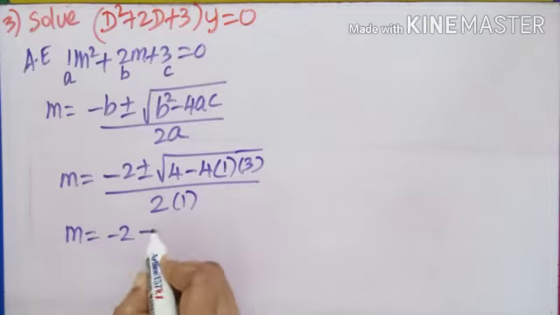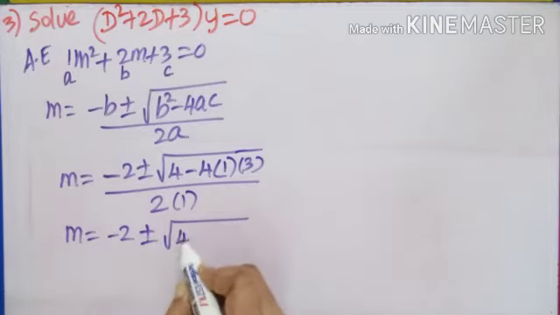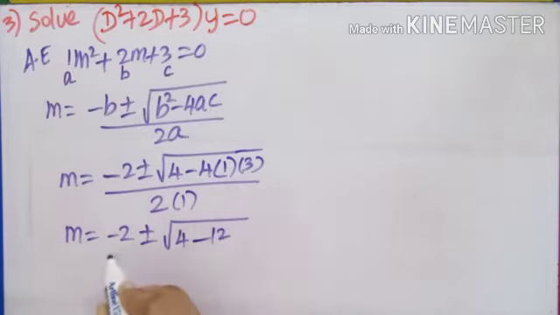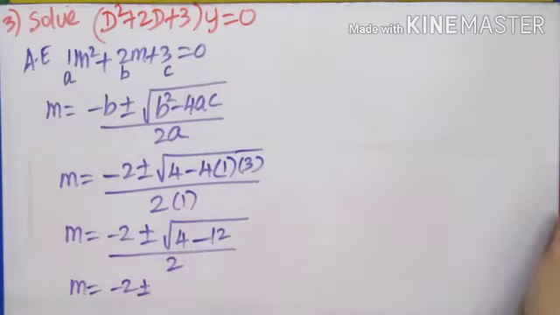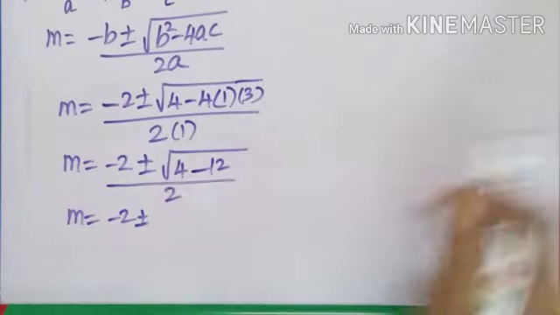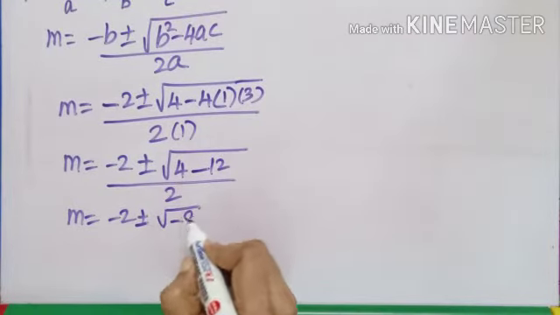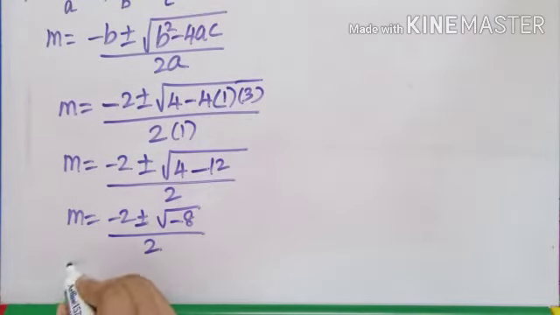Simplify this. Minus 2 plus or minus root of 4 minus 12 divided by 2, or it is minus 2 plus or minus 4 minus 12 is minus 8 by 2.